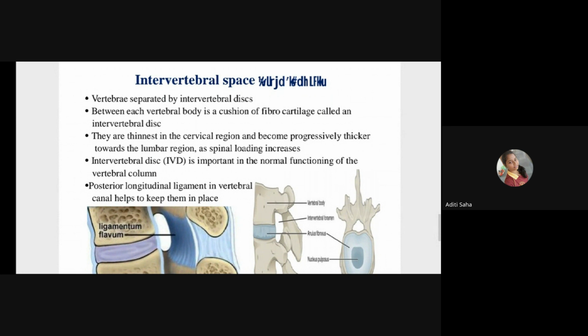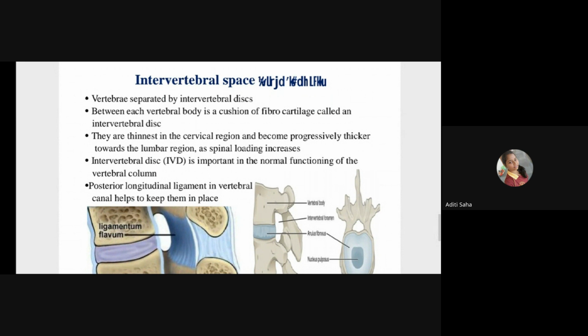So here we can see in between two vertebrae there is a cushion-like structure made up of fibrocartilage, known as the intervertebral disc. They are thinnest in the cervical region and become progressively thicker towards the lumbar region as spinal loading increases. Okay, you got the concept.